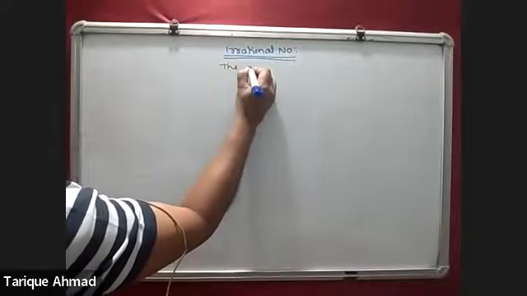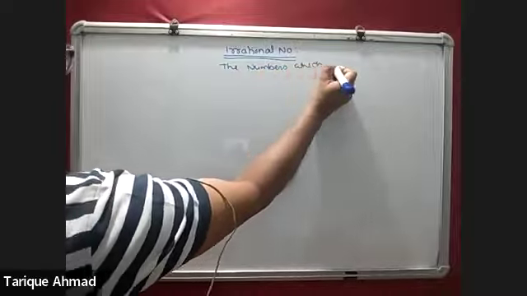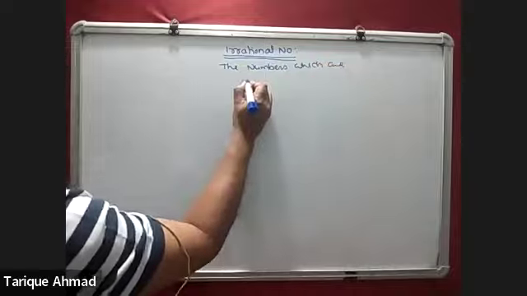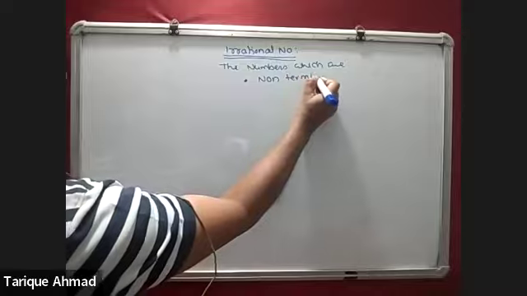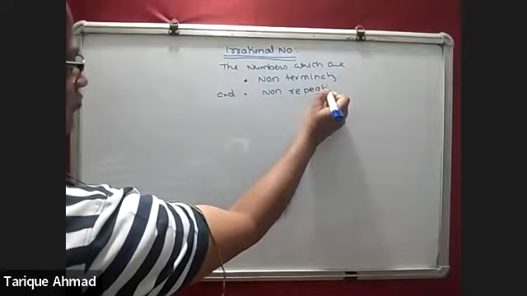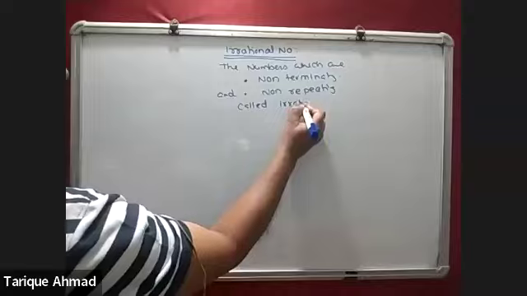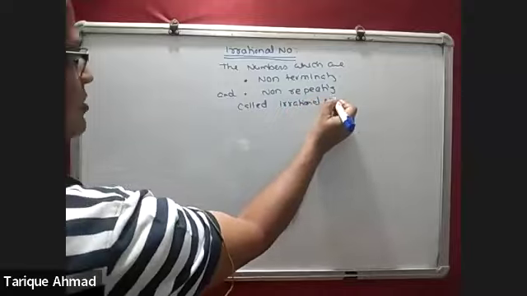The numbers which are non-terminating and non-repeating are called irrational numbers.